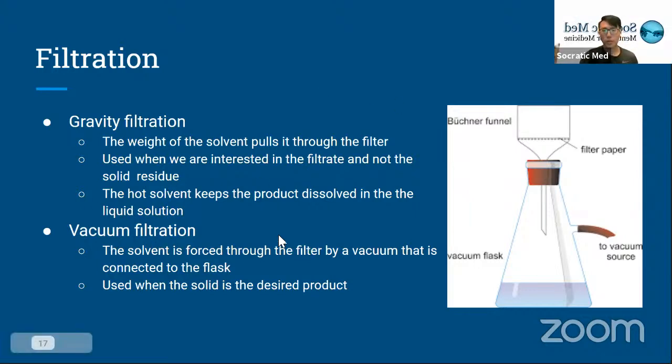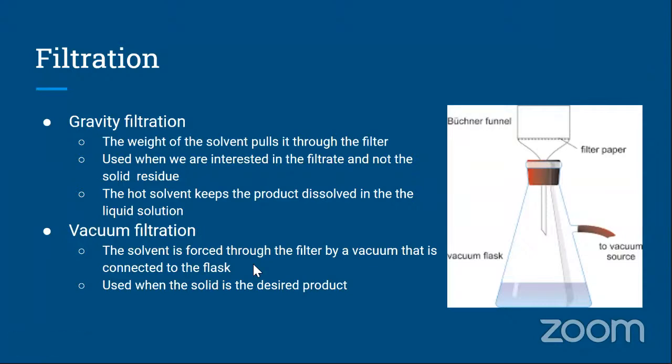You know how for vacuum filtration, the last bullet point says use when the solid is the desired product. So for gravity filtration, is it the same case that you want the solid to be the desired product, or do you want the liquid to be the desired product?